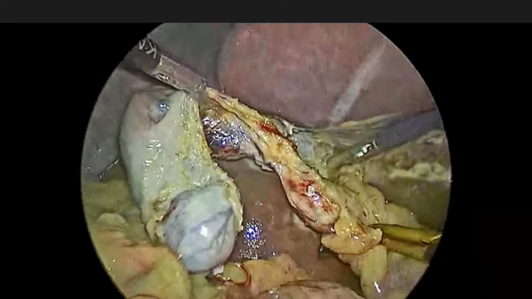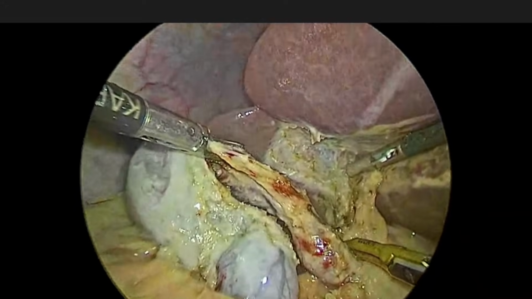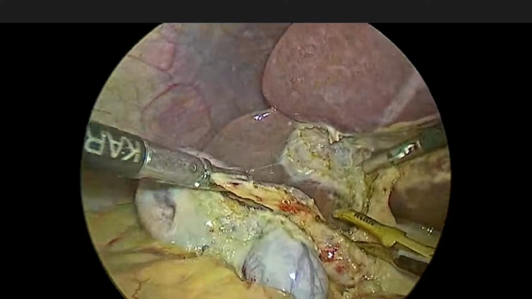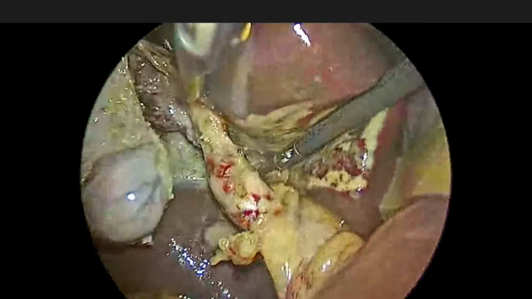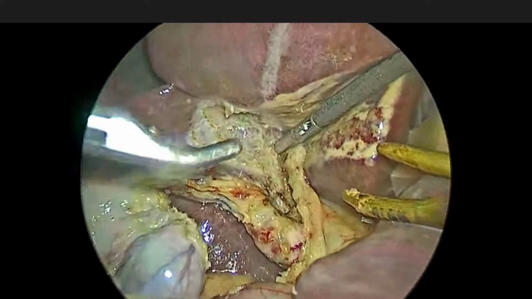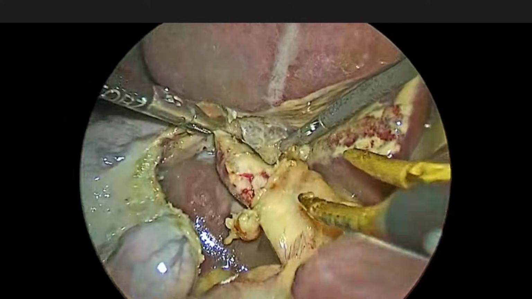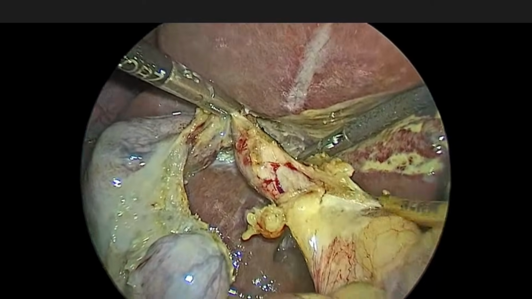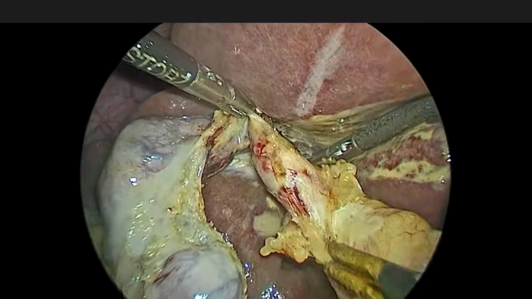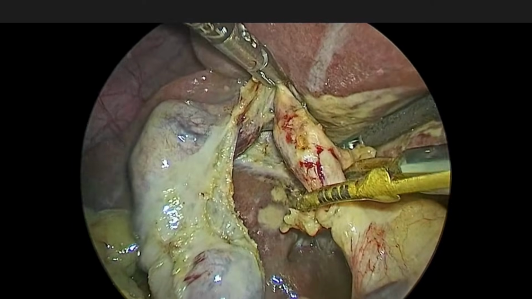Here most of the dissection is complete. We are now trying to find the cystic duct and dissect it. Dissecting some areolar tissue here.